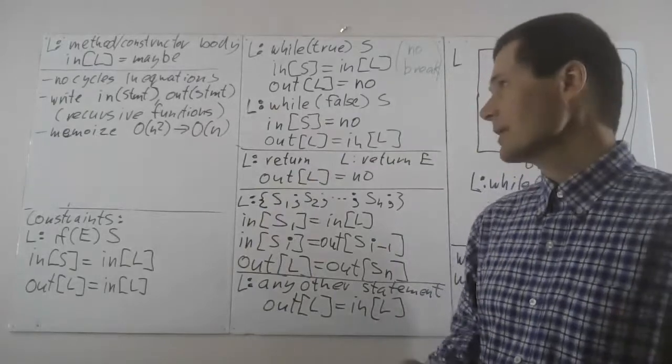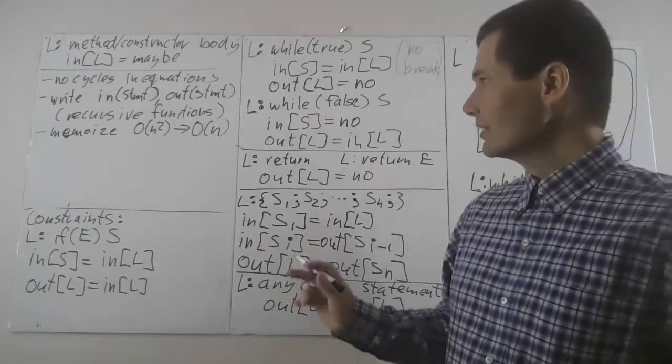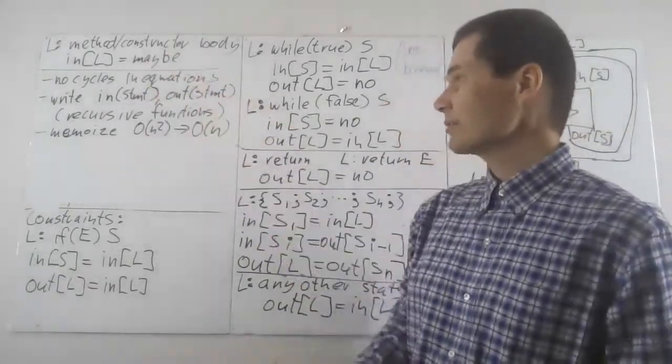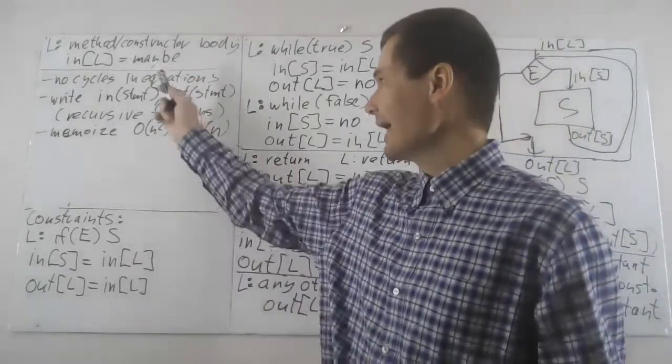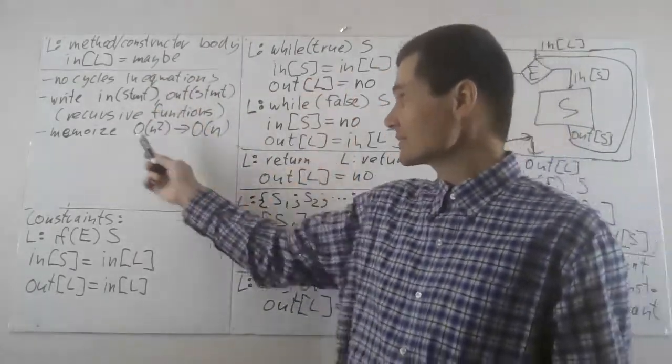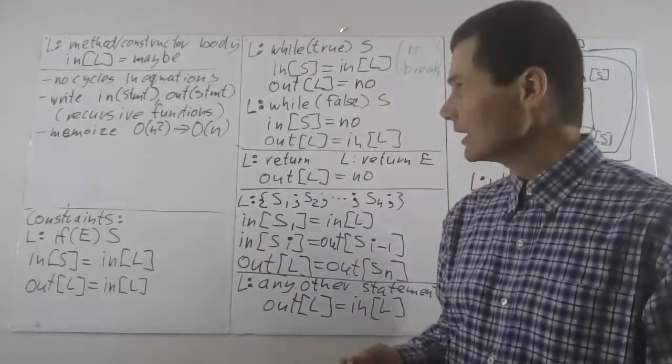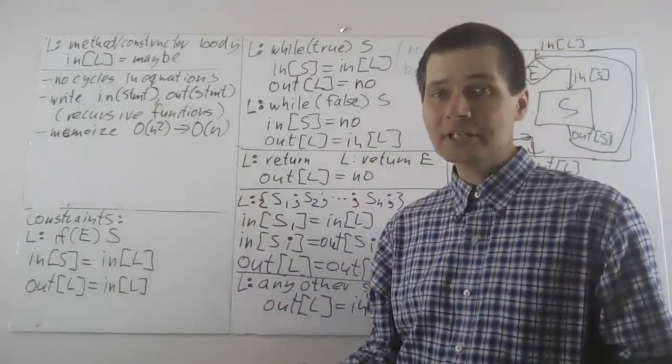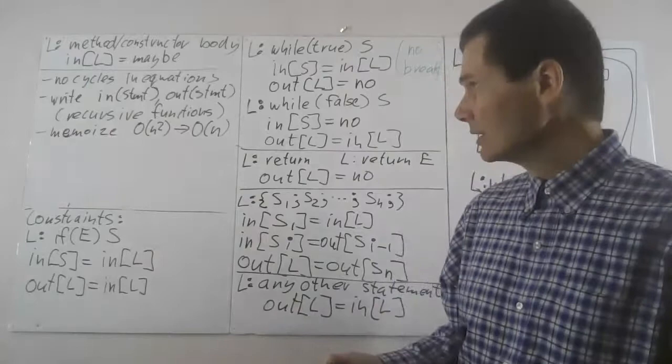And then finally, this is a general approach that will work for any system of equations as long as they don't have cycles in them. So you could apply it to other static analyses as well.